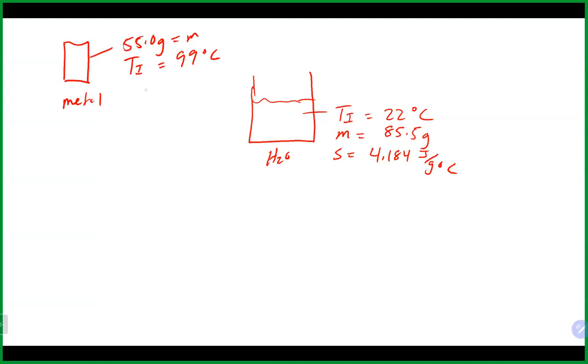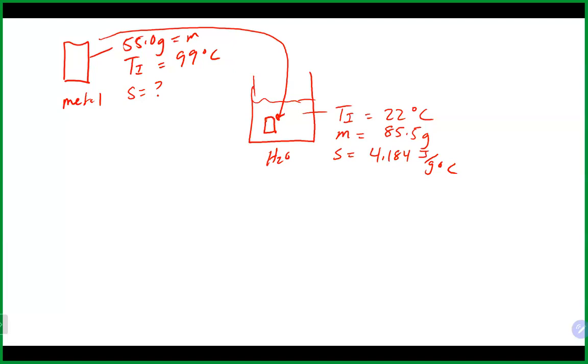And let's see here, we want to know maybe what the specific heat capacity of the metal is, right? So if I take this metal and I heat it up really hot to a high temperature, and then I take the metal and throw it into my water here, that's at 22 degrees Celsius.